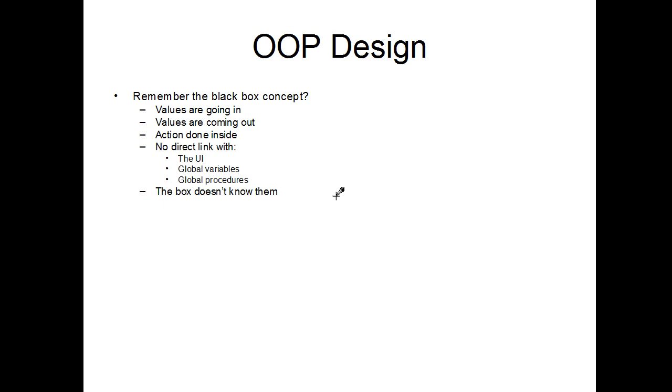So you should never use in a class anything that has been declared outside of the class. You should not use global variables, global procedures, anything that is directly in the UI. If you need to do something in the UI, let's say that for whatever reason in your class you need to be able to put a value inside a field, inside a window, well, you cannot directly name the window and the field in your code.